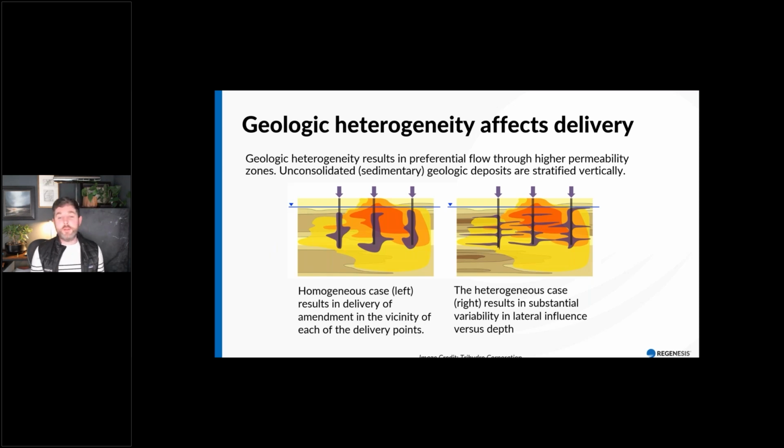If we look at this heterogeneous case on the right, where you have substantial variability in the delivery of an injectable substrate, that will likely mean we will need more injection points to ensure that we get that good overlapping coverage. And how heterogeneous the subsurface is also going to have a huge impact on whether we think we can hit particular remedial targets.